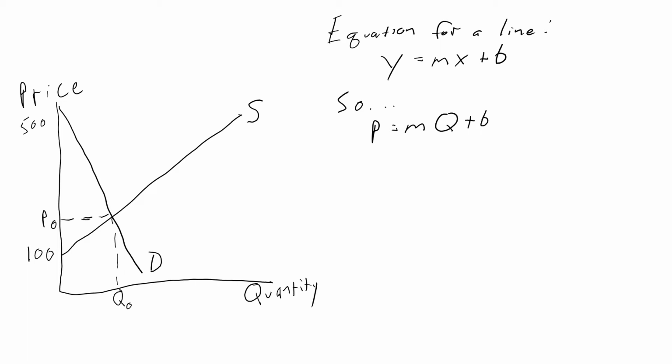So hopefully many of you have taken algebra before and are familiar with the equation for a line, which is just going to be given by y equals mx plus b, where b is going to be our intercept, in this case 500 for our equation for demand, 100 for our equation for supply, and y is going to be the variable on the vertical axis, in this case price.